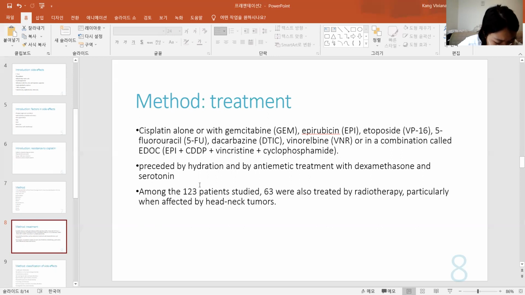Although the standard daily dose of dexamethasone is 20 mg, in most cases the prescribed daily dose was 8 mg in 100 milliliters of saline. The administration of chemotherapeutic drugs was also preceded by two diuretics. Among the 123 patients, 63 were also treated by radiotherapy, particularly when affected by head and neck tumors.